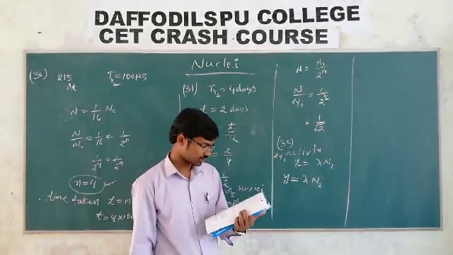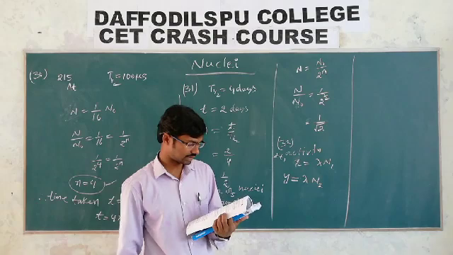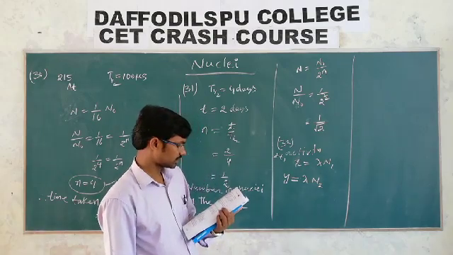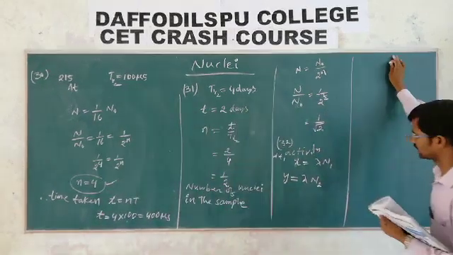Now what do we need to find here? The number of atoms that have disintegrated in the time interval t2 minus t1. What is the number of atoms decayed here?